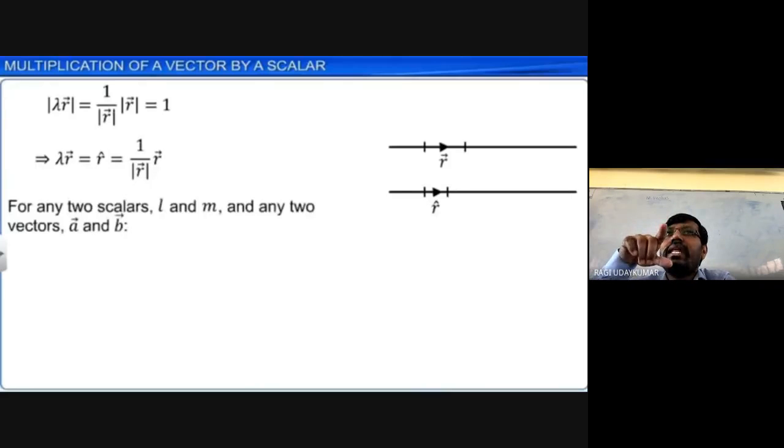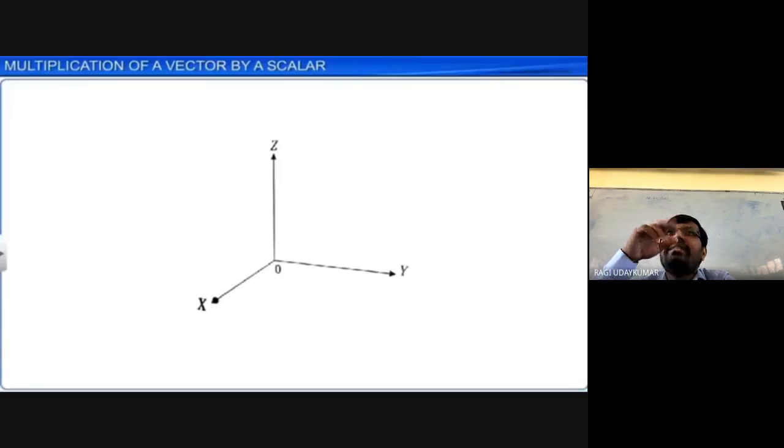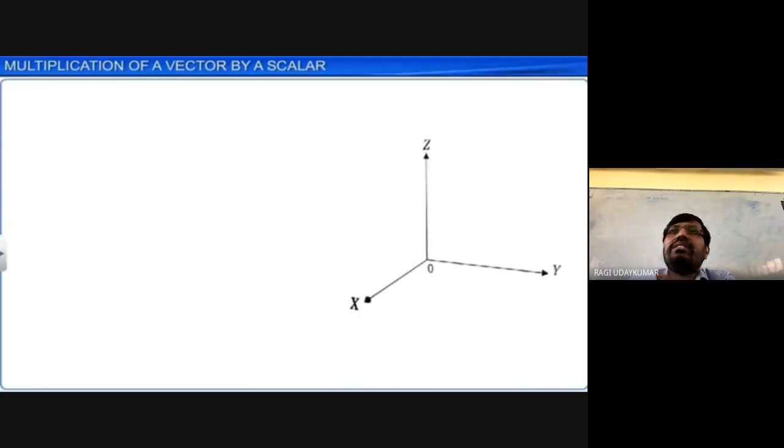So for any two scalars L and M and any two vectors, L into A bar plus M into A bar. Now the multiplication of a vector by a scalar can be seen from here very clearly. P is a point (x, y, z), and from P to A a perpendicular line is drawn on the xy plane. So the distance of the point P from the xy plane is z units, isn't it?